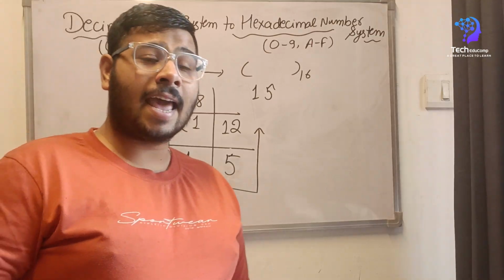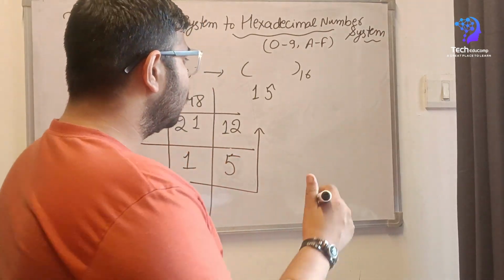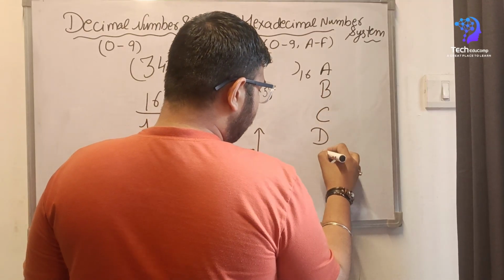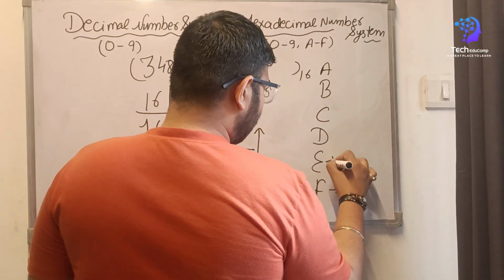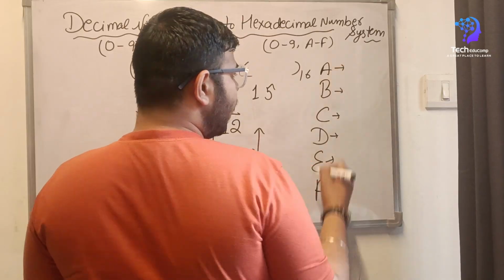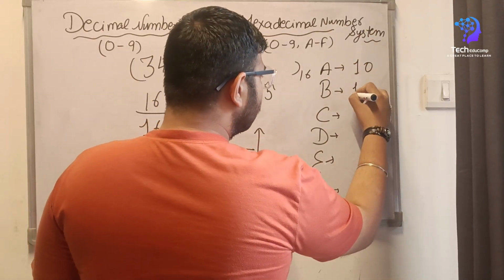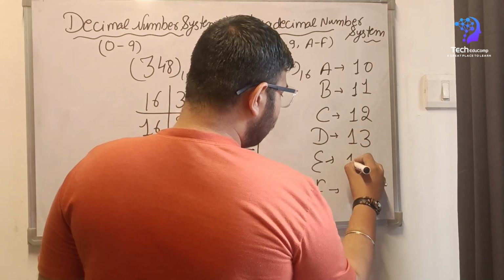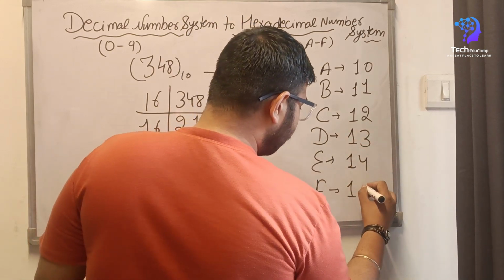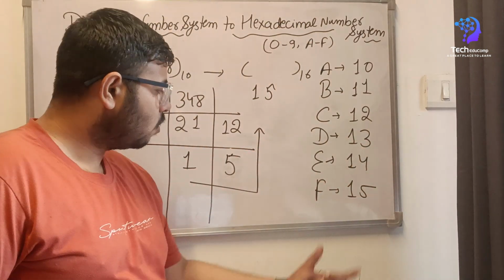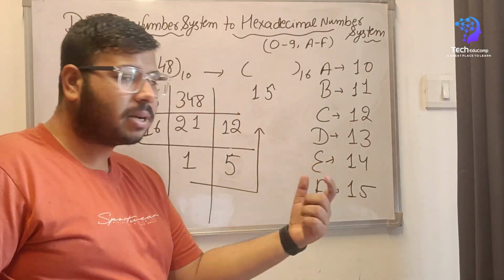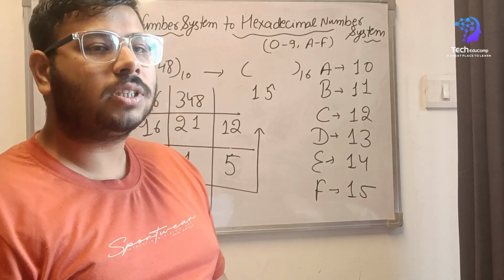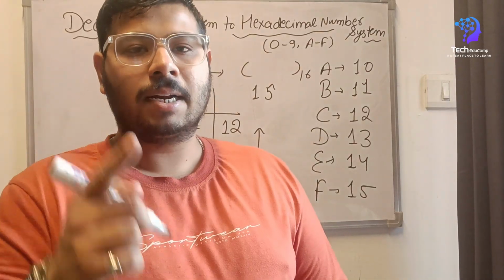For that, in hexadecimal, we use the symbols A, B, C, D, E, and F. A represents 10, B represents 11, C represents 12, D represents 13, E represents 14, and F represents 15. We use these symbols in hexadecimal because after 9 it becomes a 2-digit number.